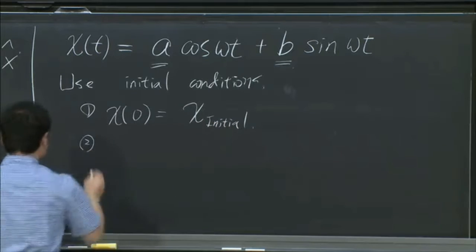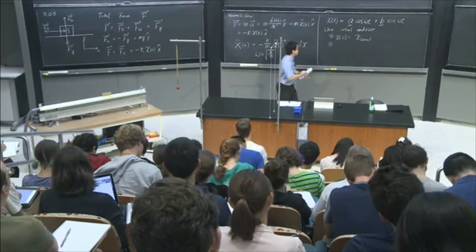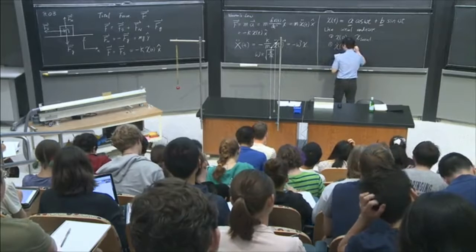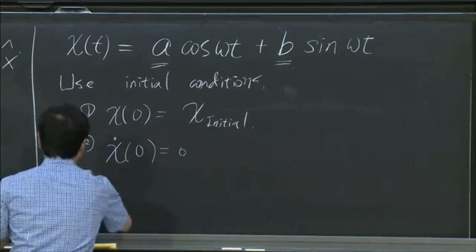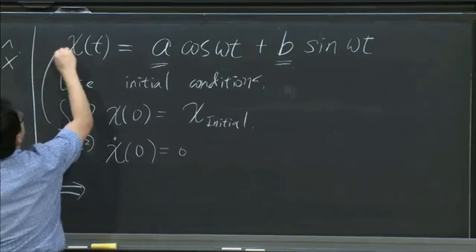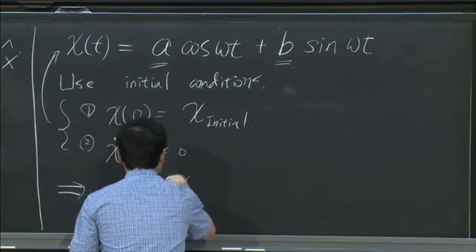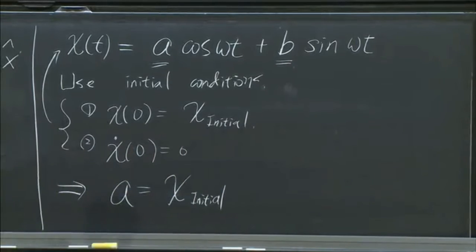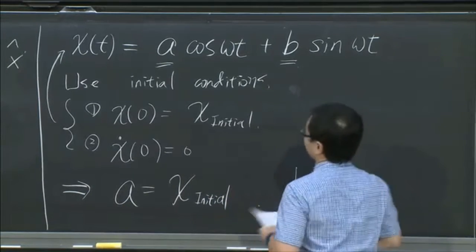The second one is that since I release this mass really carefully, the initial velocity is 0, therefore I have x dot(0) equal to 0. Plugging these two conditions into the equation, you can figure out that A is equal to x initial, and B is equal to 0.